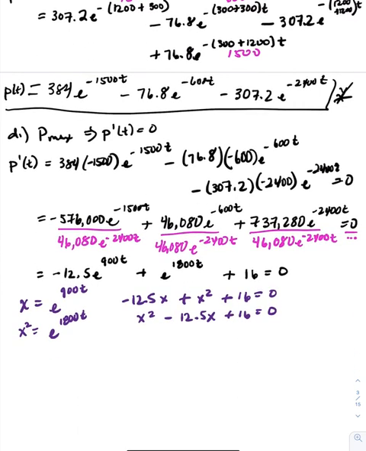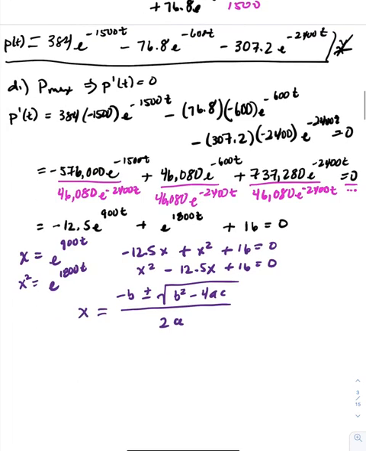And using the quadratic equation, which is minus b plus or minus square root of b squared minus 4ac all over 2a, we can find x.